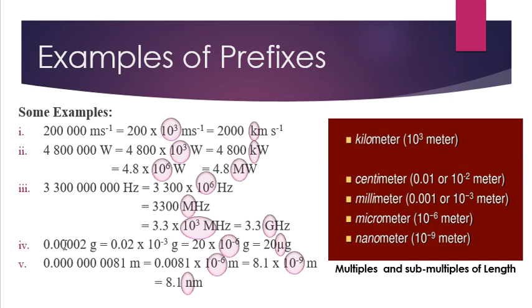Why minus? Because now I am moving my decimal point towards the right direction. That's why I have a negative power here. So 0.02 times 10 raised to power minus 3 gram equals 20.